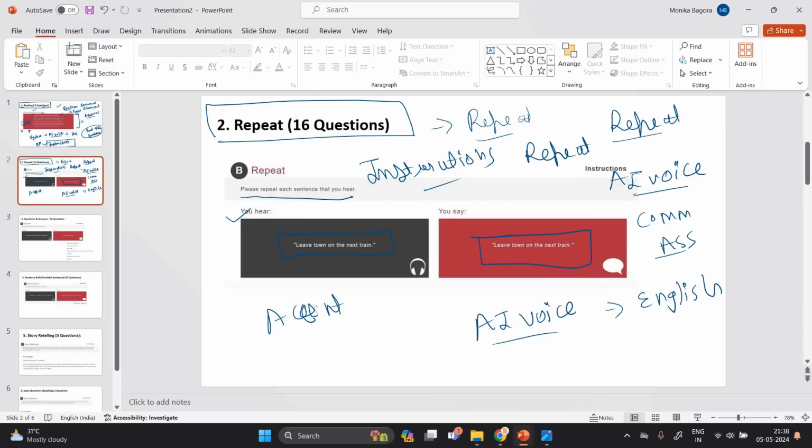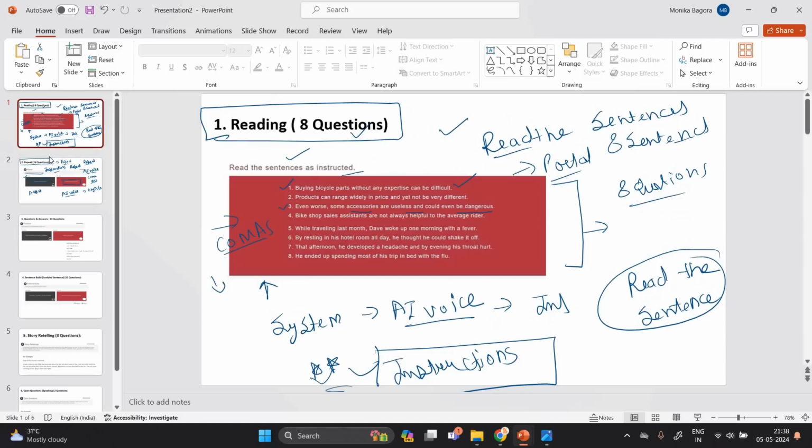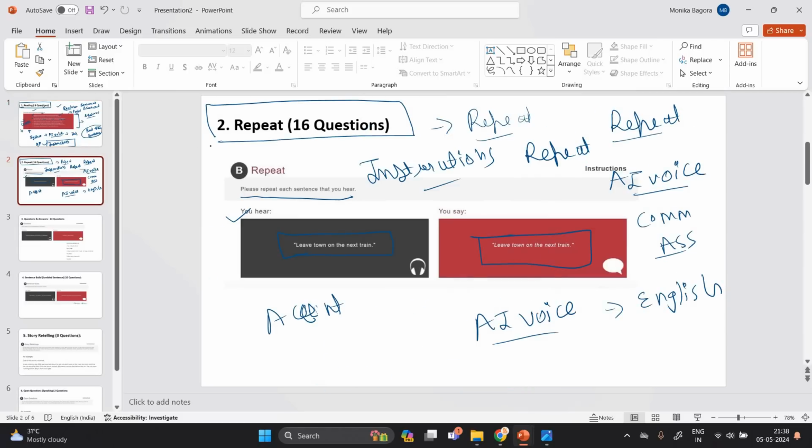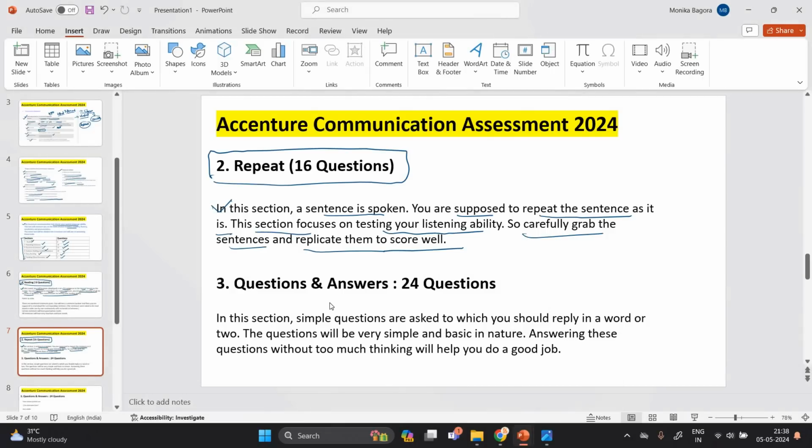Okay guys, the first is related to reading, 8 questions, second is related to repeat, 16 questions. So the second is also important. All the sections are very important, and you have to perform very well in each section.